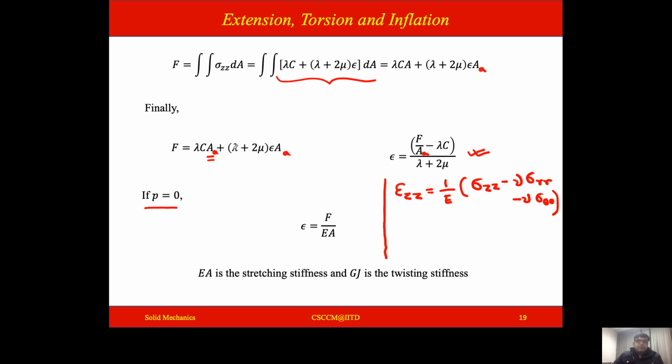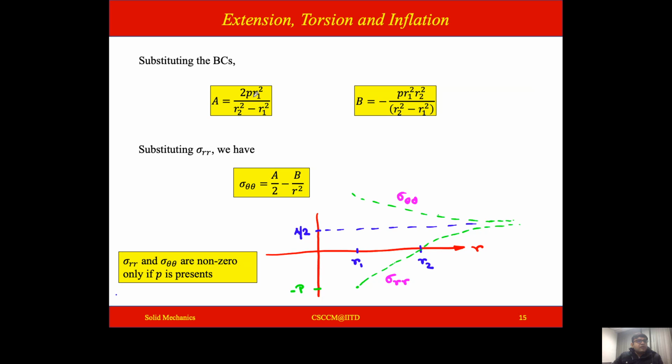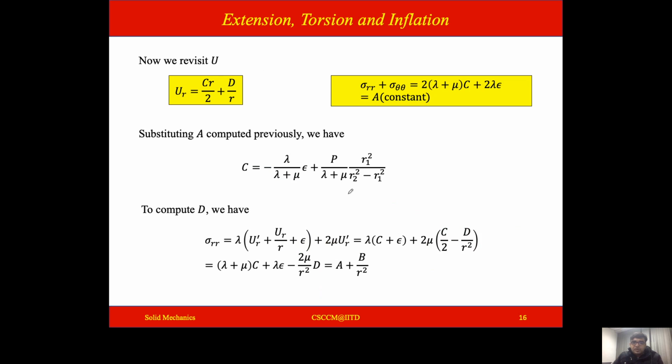So not this area A, but the constant A that we derived in our last lecture, both A and B will go to 0. If you remember, let me go back and show you what was A and what was B. So yes, this was A. If P is equal to 0, A is equal to 0. And this is B. Again, if P is equal to 0, B is also equal to 0. And if both A and B are equal to 0, sigma theta theta is equal to 0. And sigma RR, where this minus will become plus, is also equal to 0.